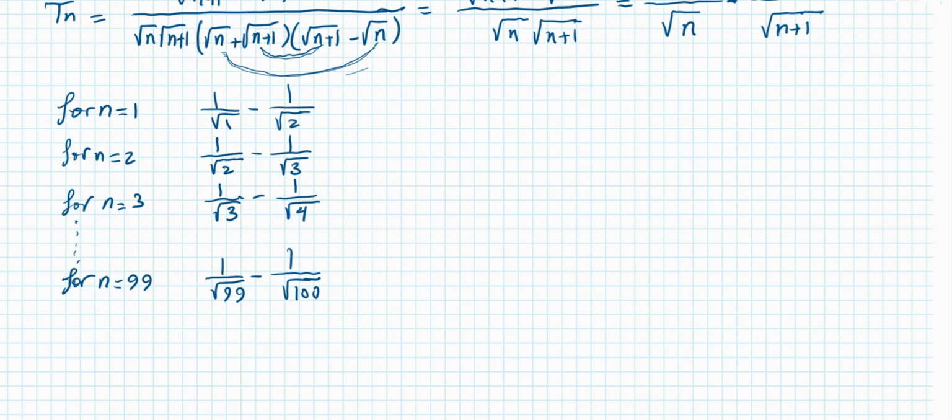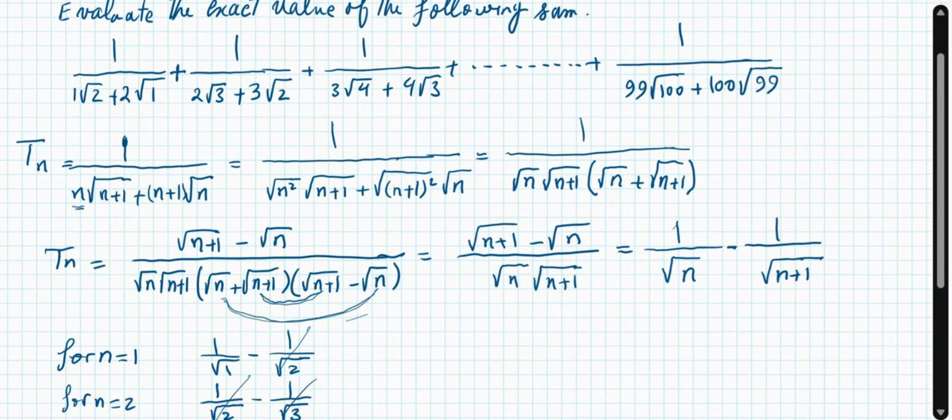So in this new format, we see that many of these terms would cancel: 1 over the square root of 2 with 1 over the square root of 2, 1 over the square root of 3 with 1 over the square root of 3, and likewise the summation would have only two terms.